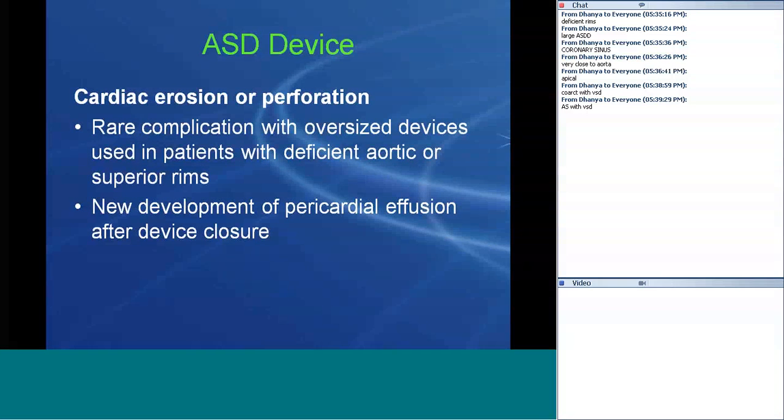If they are increasing, of course you need to take action. If they are not increasing, just follow them up. And it is a rare complication. I mean, if you have put an oversized device, then we should be more careful about what exactly we are doing.